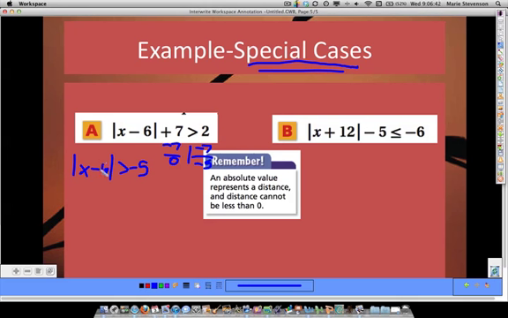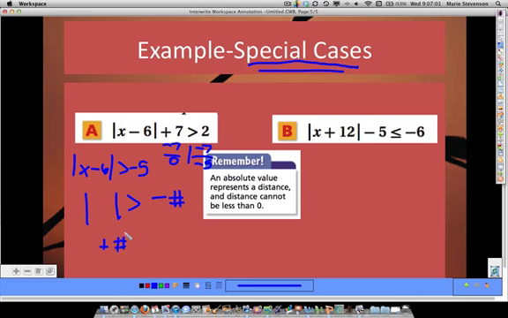So now let's think. This says the absolute value of x minus 6 greater than negative 5. In other words, an absolute value greater than a negative number. Well, what kind of numbers do absolute values give us? They always give us positive numbers, right?